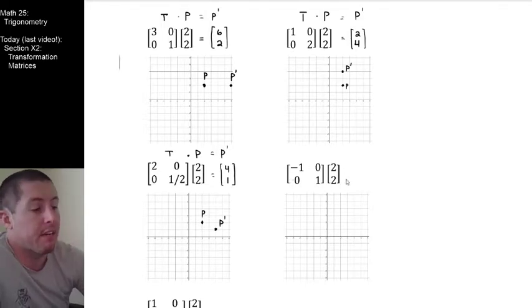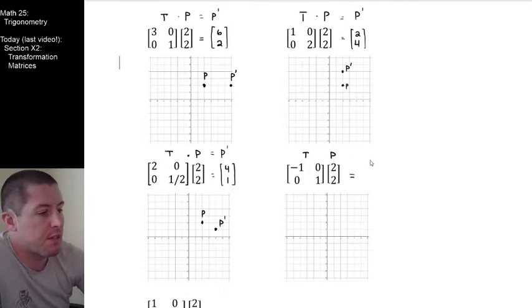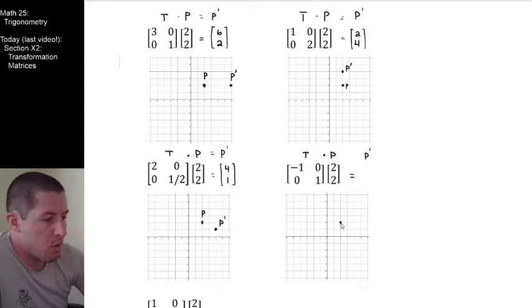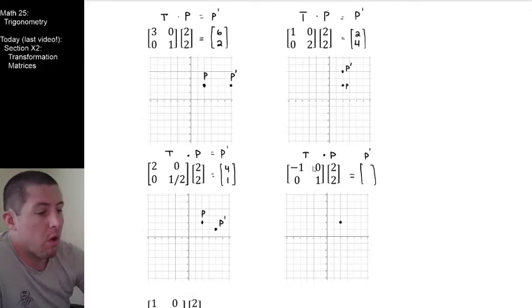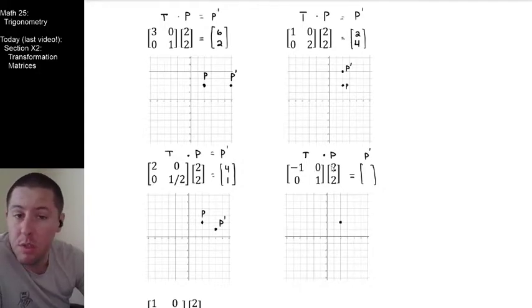However, the fact that a negative is included does seem like it's going to have some impact on the location of this point. So let's go ahead and do the multiplication from T times P to get P prime and see where our new point is going to end up over here. So we're going to start by doing the dot product of negative 1, 0 with 2, 2. That's negative 1 times 2 is negative 2, plus 0 times 2, which is 0.